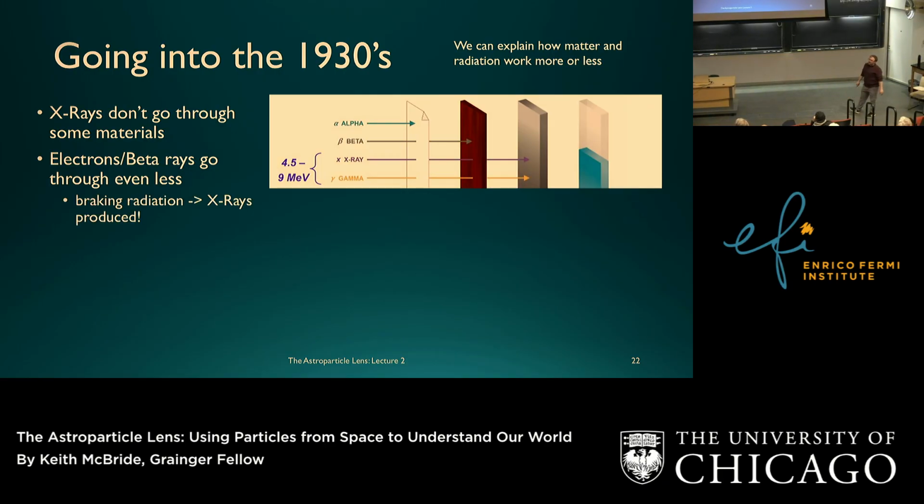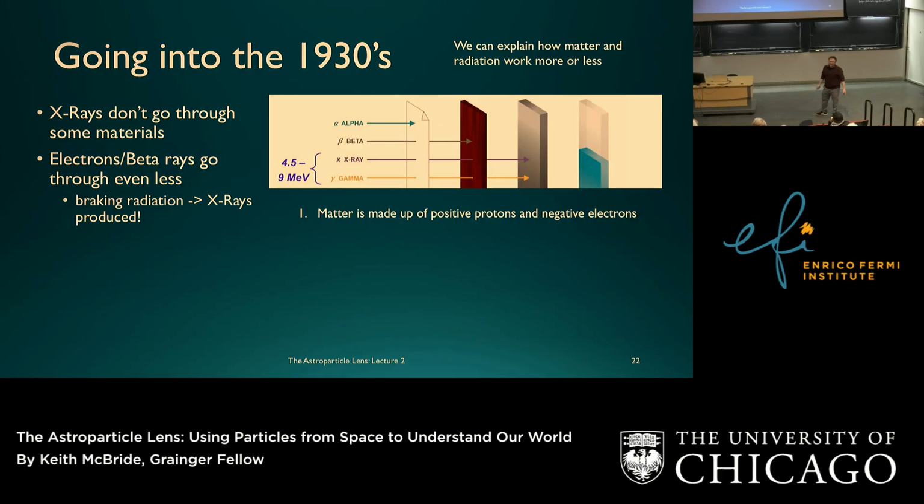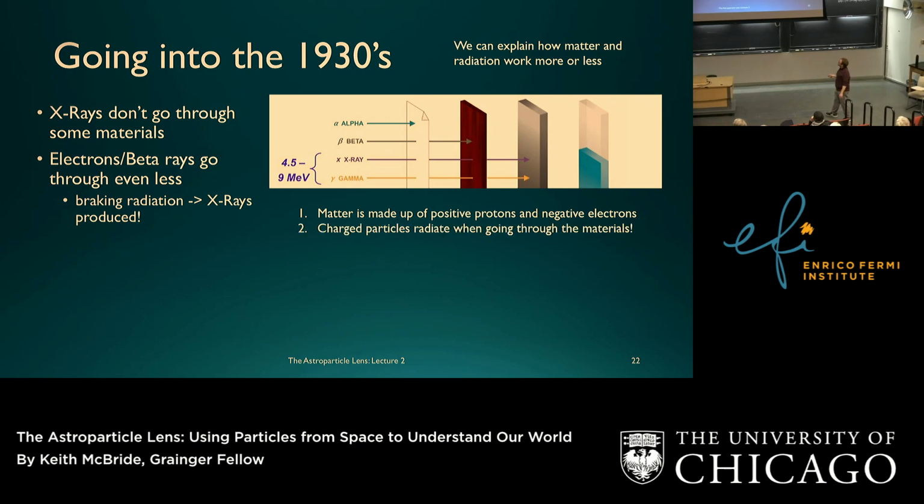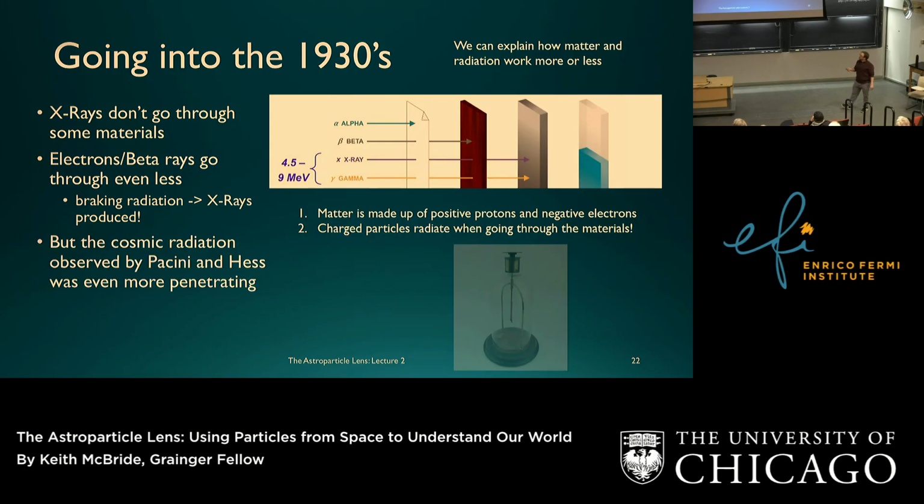Right? We know that X-rays are emitted as this bremsstrahlung, this breaking radiation. Right? We know that matter is made up of positive protons and negative electrons, that those fundamental electrons in the cathode rays are actually inside, around the nuclei of atoms. This is all going in the 1930s. We know that charged particles radiate when they go through materials. That's how we got the X-rays in the first place.